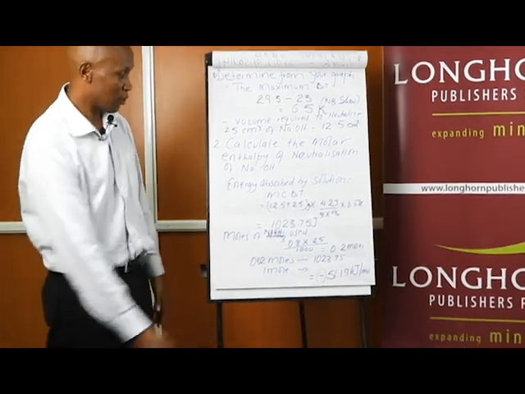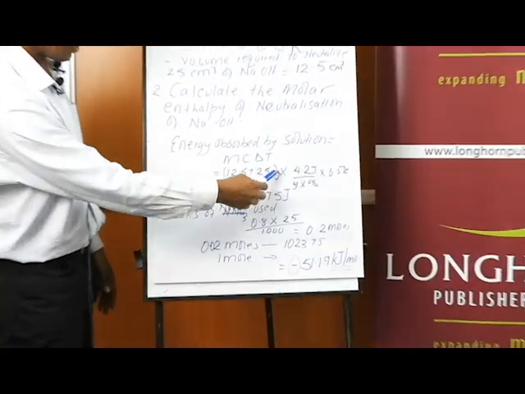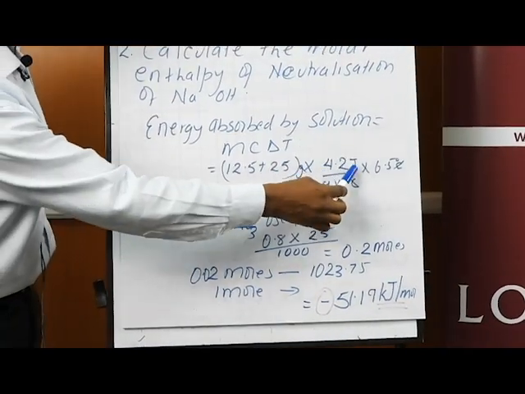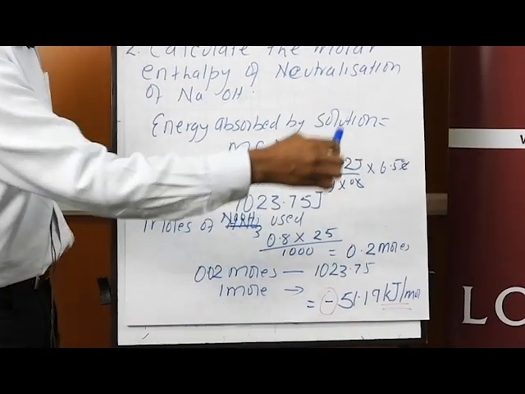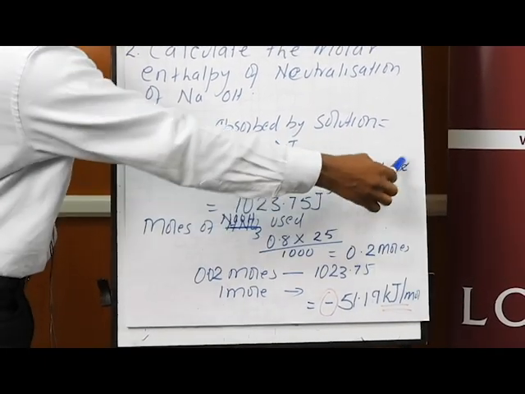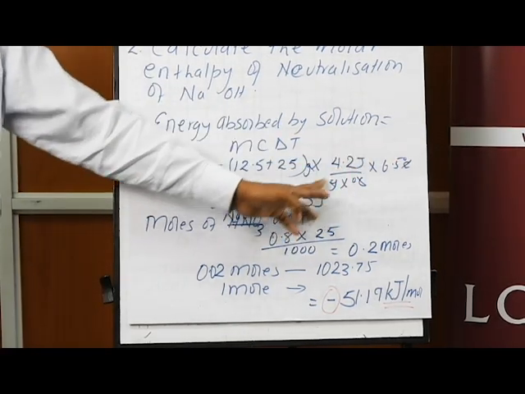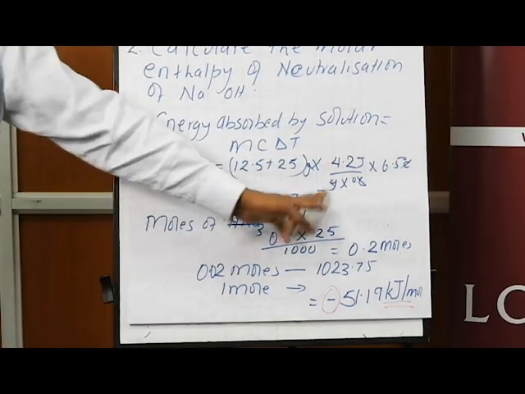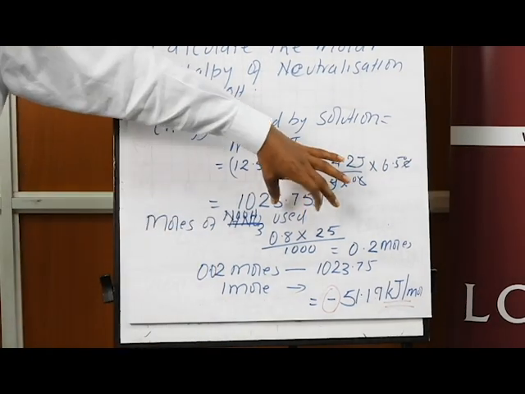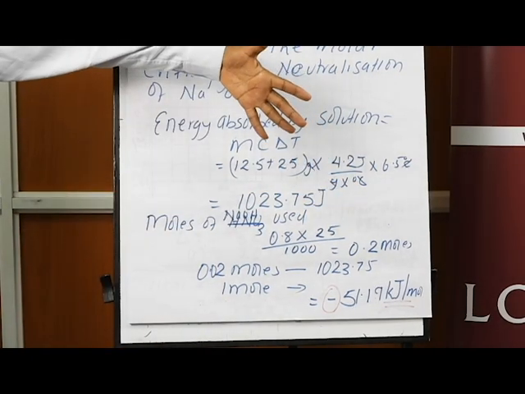10,237.5 joules. Note the c was given in joules per gram per Kelvin, which is also equivalent to per degree Celsius, so that and that cancel. Whatever answer you get here will be in joules, capital J. But how many moles of sodium hydroxide did I use?